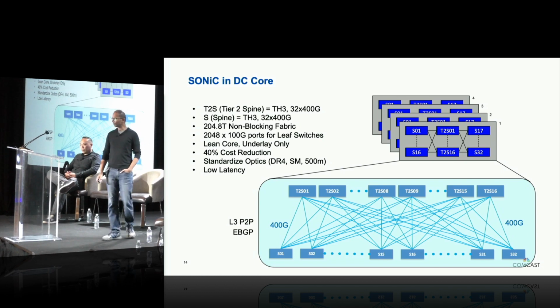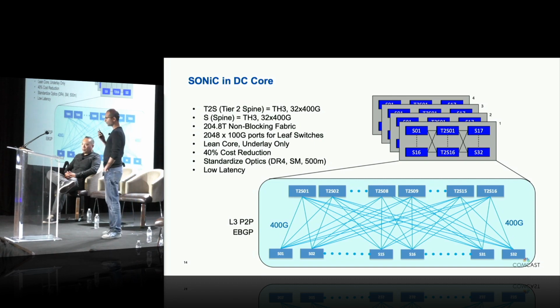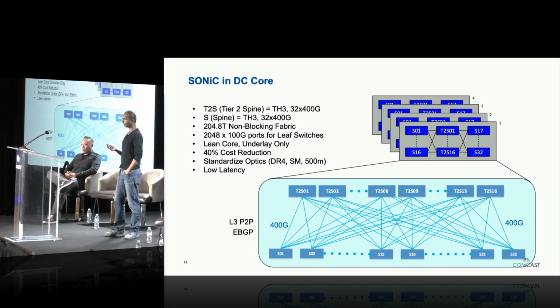And at the end, what I get out of it is 2,048 ports of 100 gig that I can use for any top of the rack switches. It's a 204.8T non-blocking fabric. We had a good talk on non-blocking and leaf spine from Russ White before that. It's one of those fabric designs.